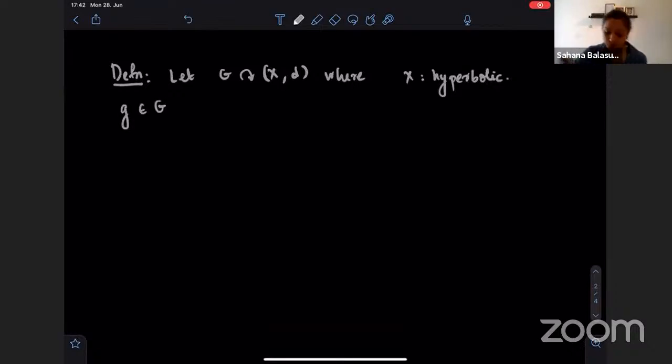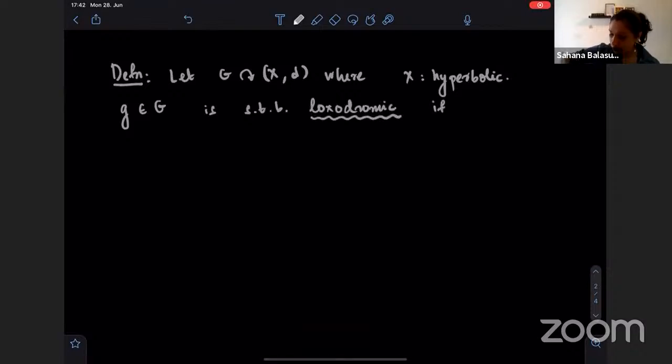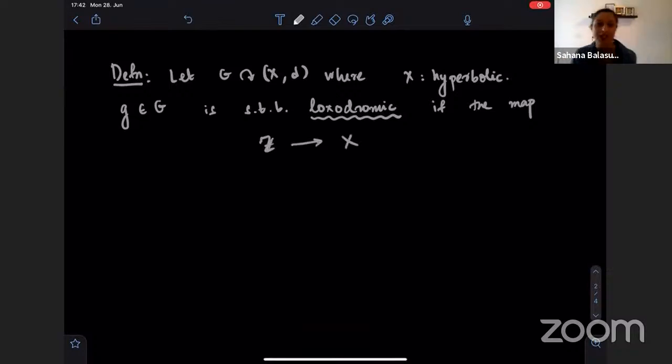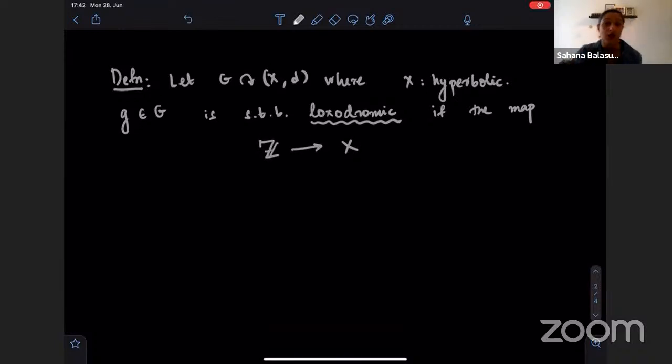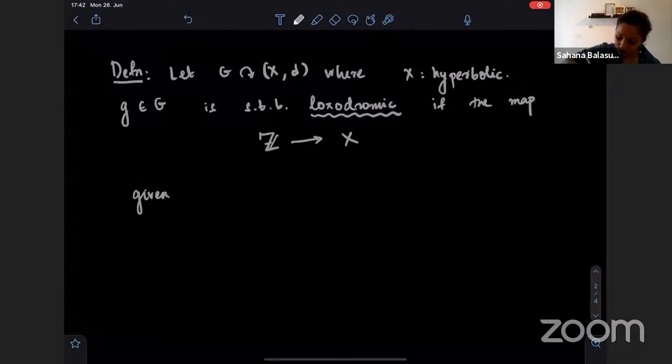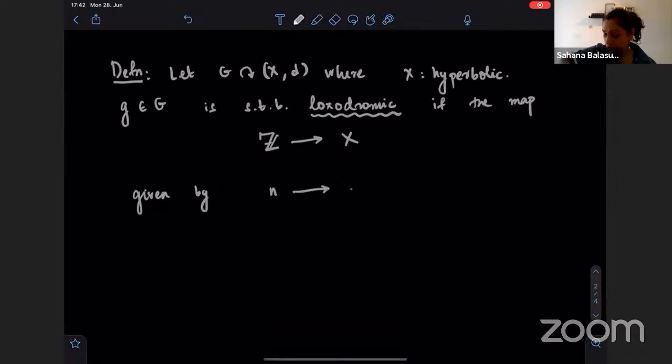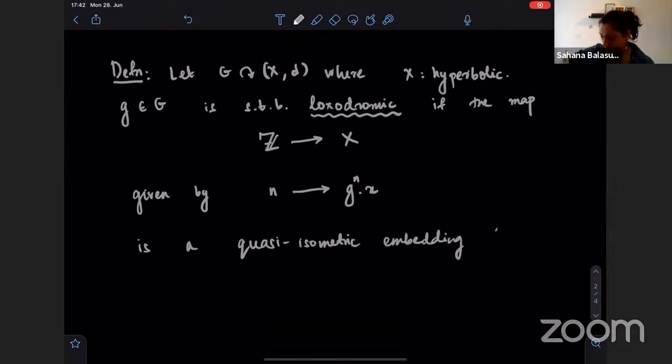Little g belonging to the group is said to be loxodromic if the map from the infinite cyclic group into your space X, where Z denotes the infinite cyclic group, the map which sends every integer n to the nth power of g acting on x, is a quasi-isometric embedding for some x which belongs to your space.